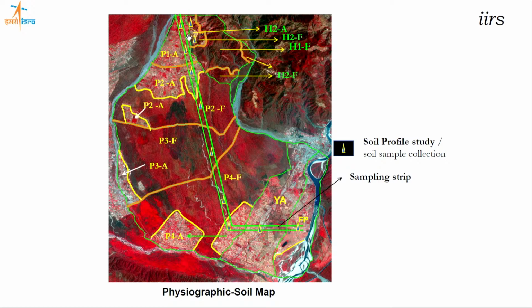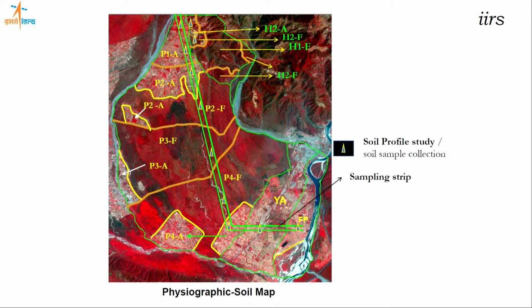Suppose this, then we go for the field work. This is the sample strip. I am not taking the samples everywhere, because the road is going through this. You select a road which goes across all the different types of soil landscape units, and in each unit you take 3 to 5 soil samples, depending on how big that polygon is.